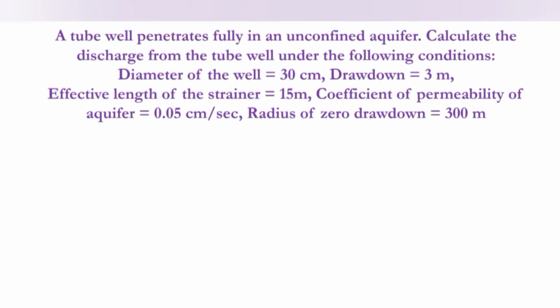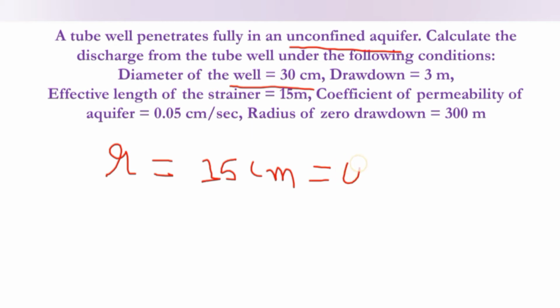First of all, let's write down the data given to us. Here the aquifer is an unconfined aquifer. The diameter of the well is 30 cm, which means the radius of the well is 15 cm, and if I write in meter, then it will be 0.15 meter.